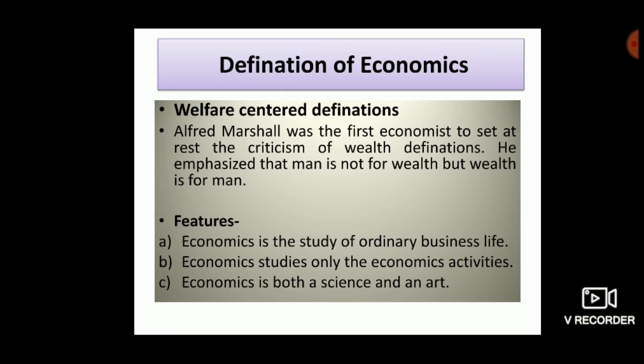So, economics is the study of the ordinary business of life. Economics is a social science. These are the important features of the welfare definition: economics is a social science, and economics studies only economic activities.